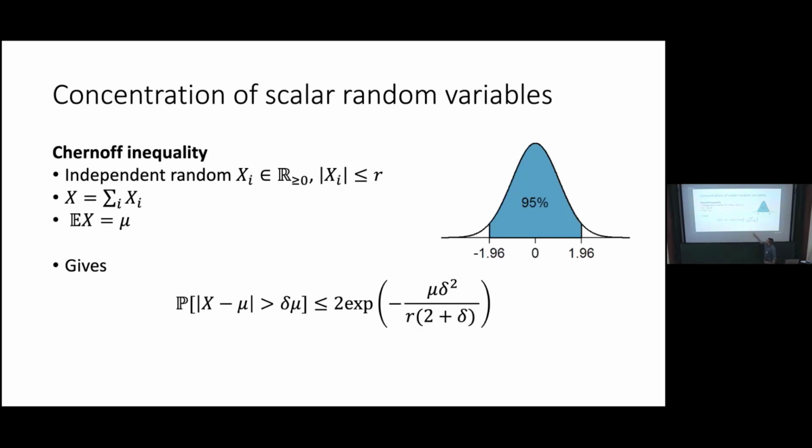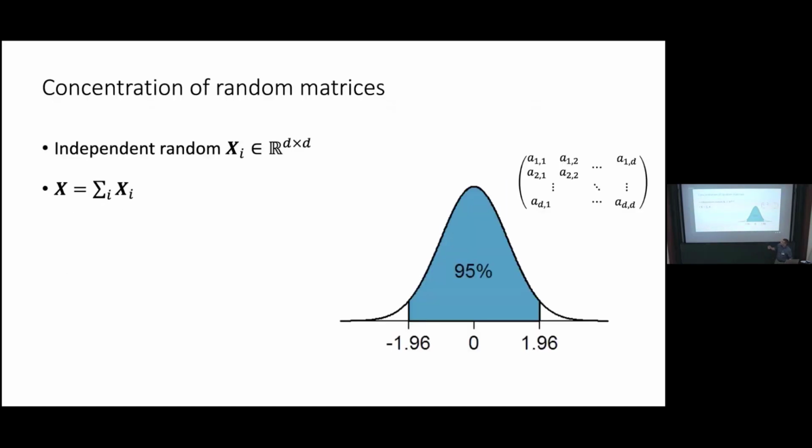Okay, and so this has a lot of applications in computer science, but actually we ask, can we do something like this if we have a collection of matrix random variables instead of scalar random variables? So let's consider matrices Xi that are square random matrices.